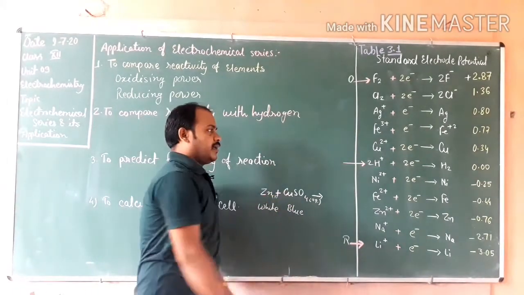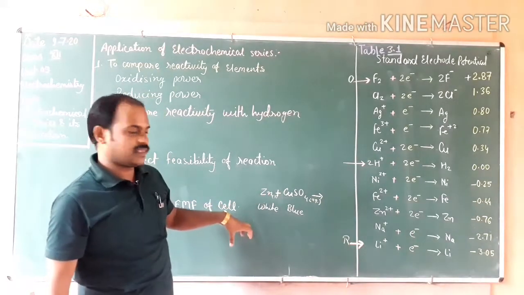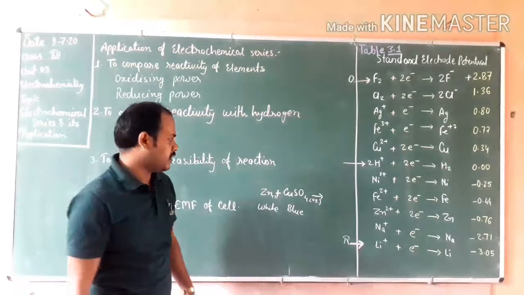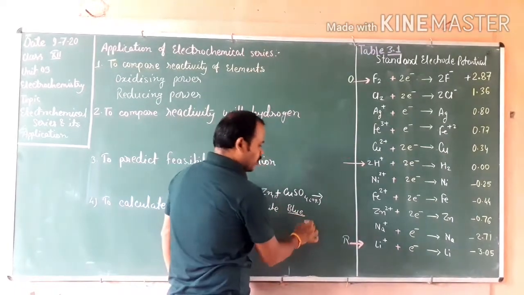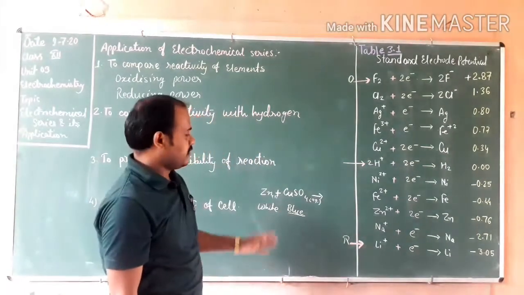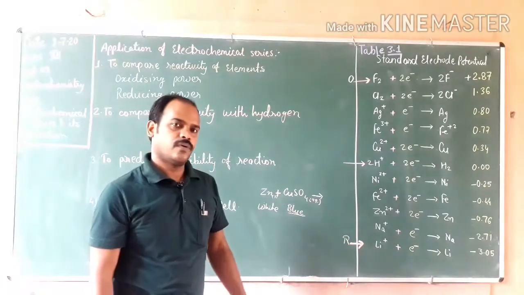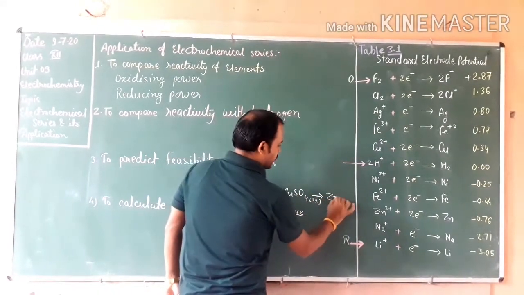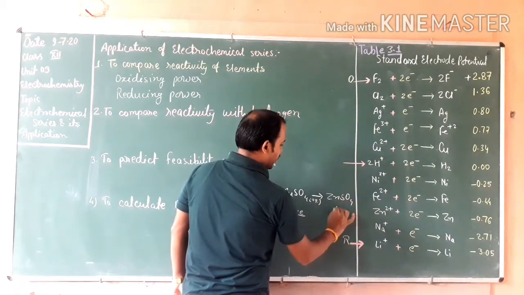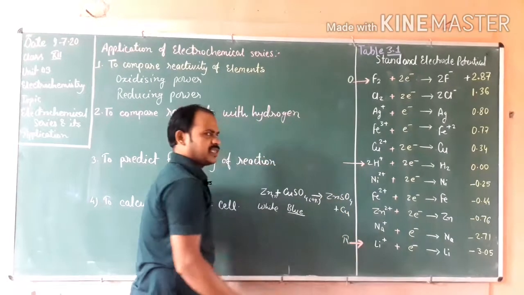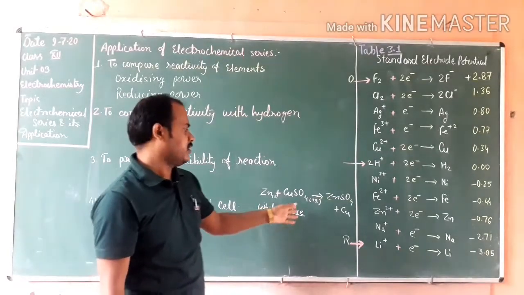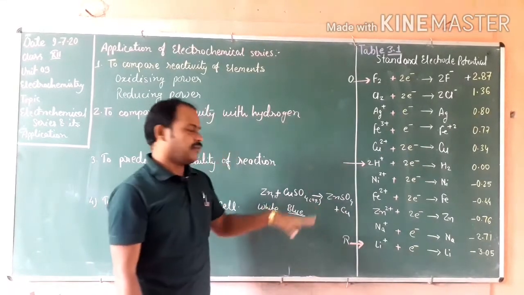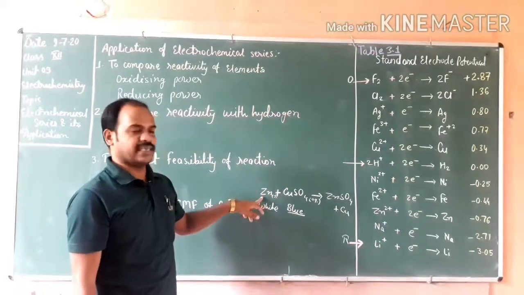So when we dipped zinc granules in copper sulfate solution, after some time we observed that the blue color of the solution converted into a transparent solution. Why? Because of the displacement reaction giving ZnSO4 and Cu. Due to the formation of zinc sulfate, the solution turns from blue to colorless, and there was a reddish brown deposition on zinc granules.